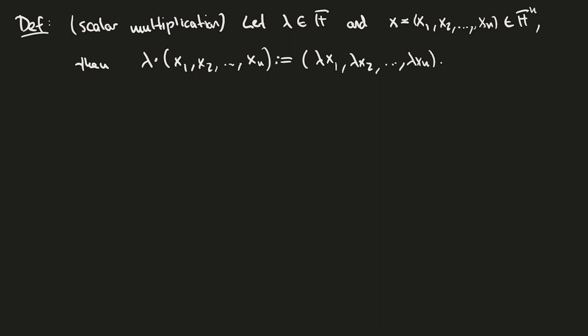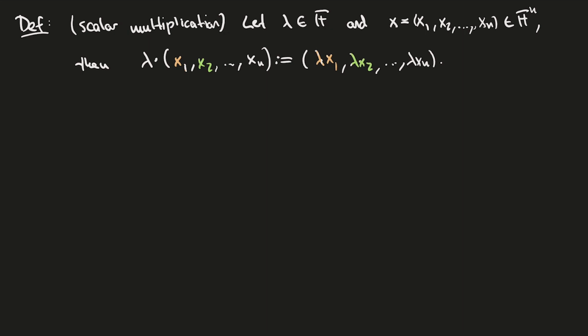So what we're doing here is we're multiplying each of the coordinates by the factor lambda. That's an element of our field. So x1 is being multiplied by lambda, and also x2 is being multiplied by lambda, and so on.